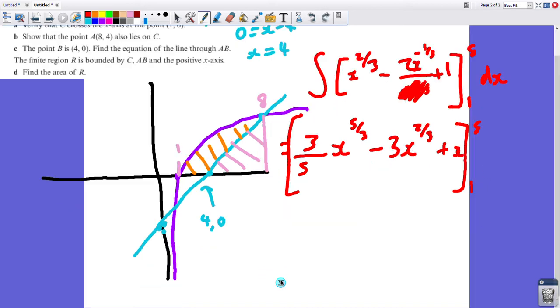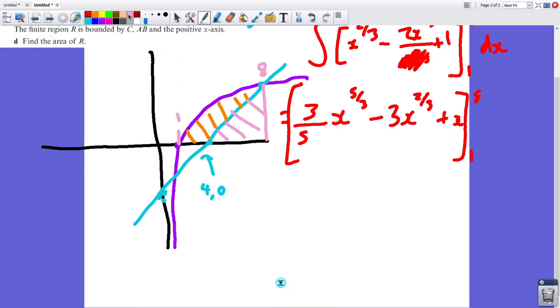Okay, so now I'll plug in 8 in for x. So we have 3/5. Okay, 8 cube rooted is 2, and the power of 5 is 32.